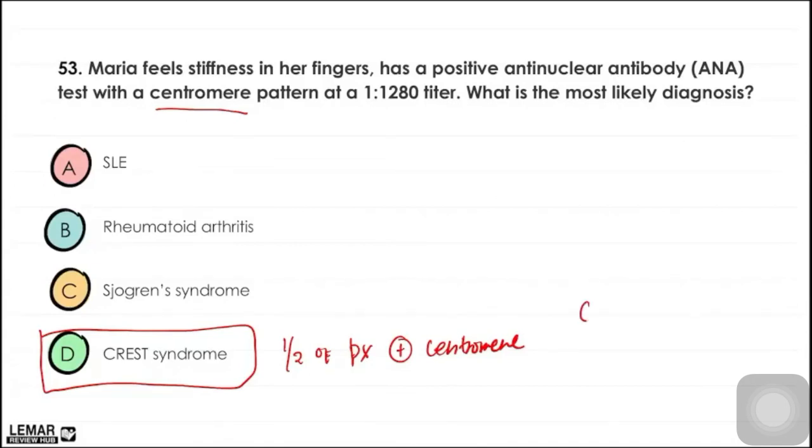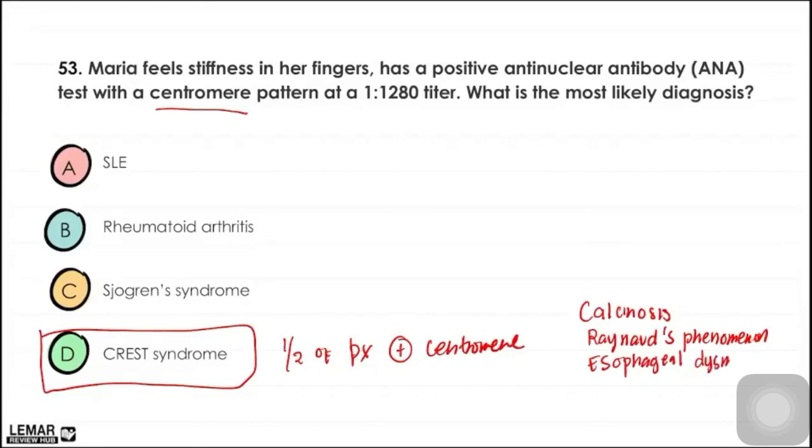We have the calcinosis, the Raynaud's phenomenon, the esophageal dysmotility, sclerodactyly, and telangiectasia.